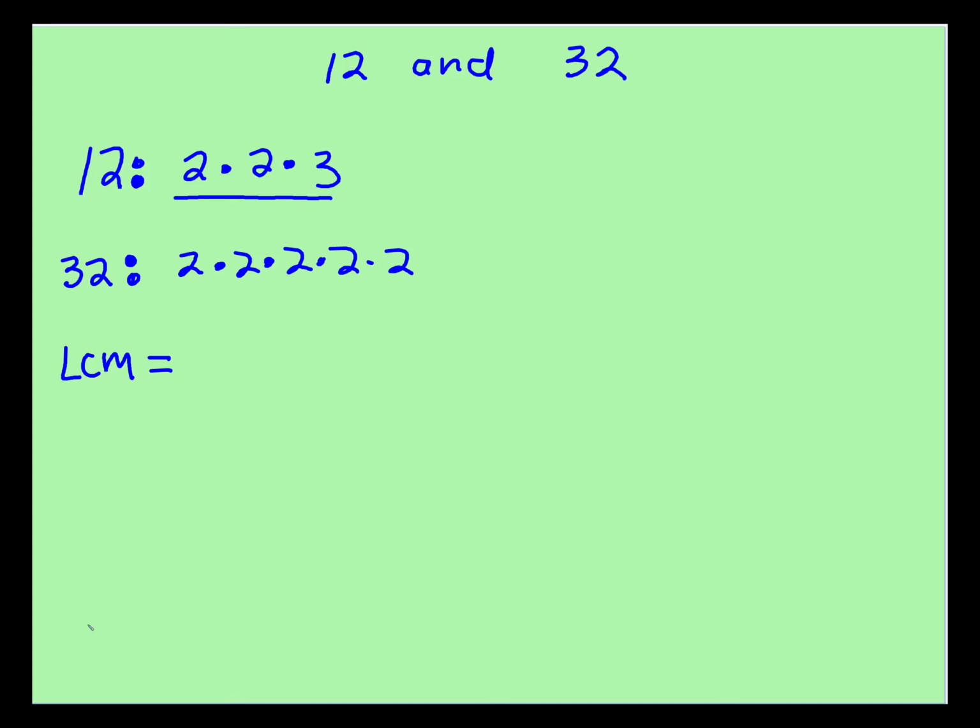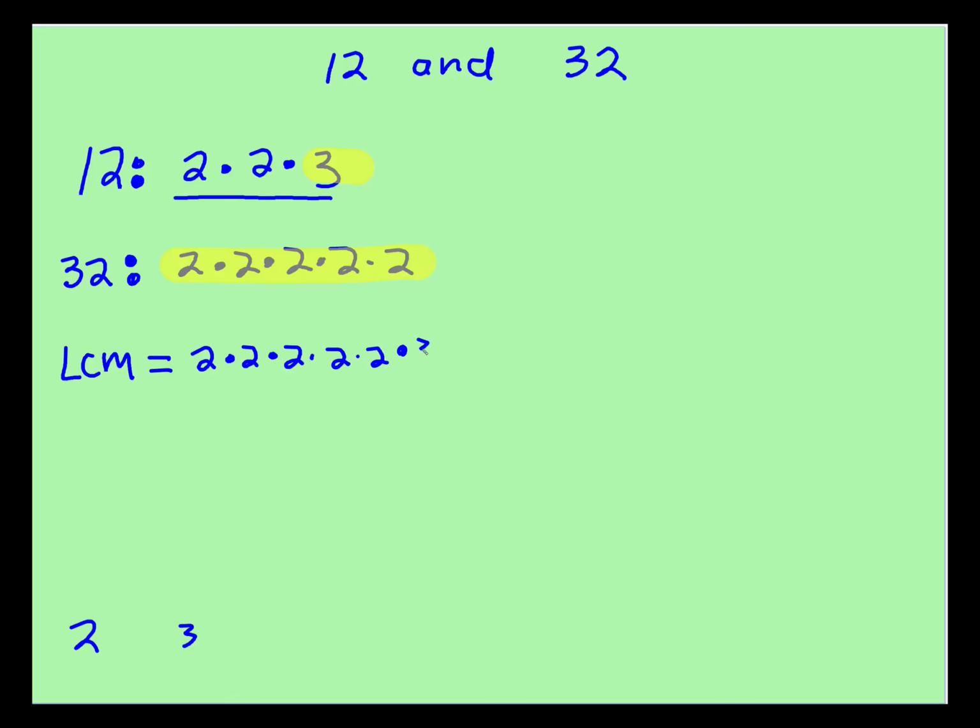And again, we have factors of 2 and 3, and I'm going to highlight, well, this row has 2 2's, but this row has 5 2's. There's still just 1 3, so the least common multiple is the things I've highlighted. I'll go ahead and write it down. So 2 times 2 times 2 times 2 times 2. We took care of those.